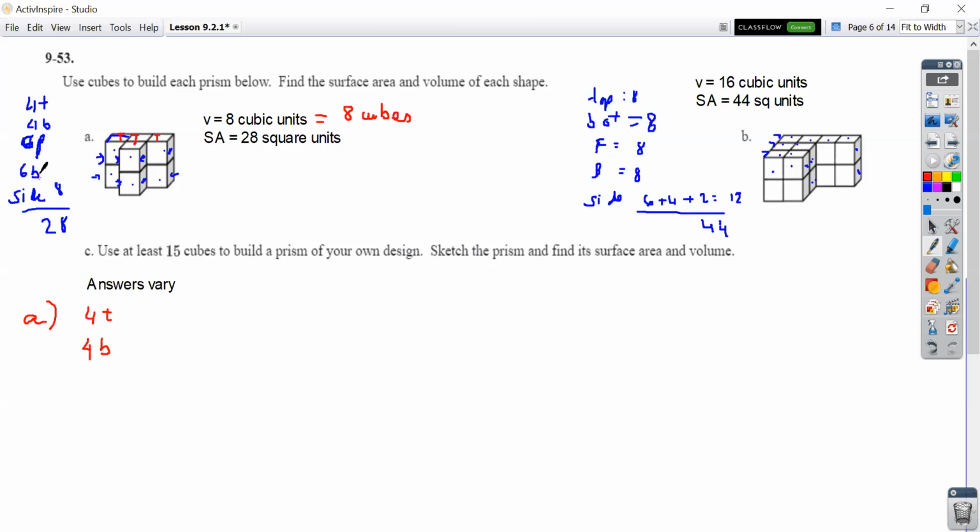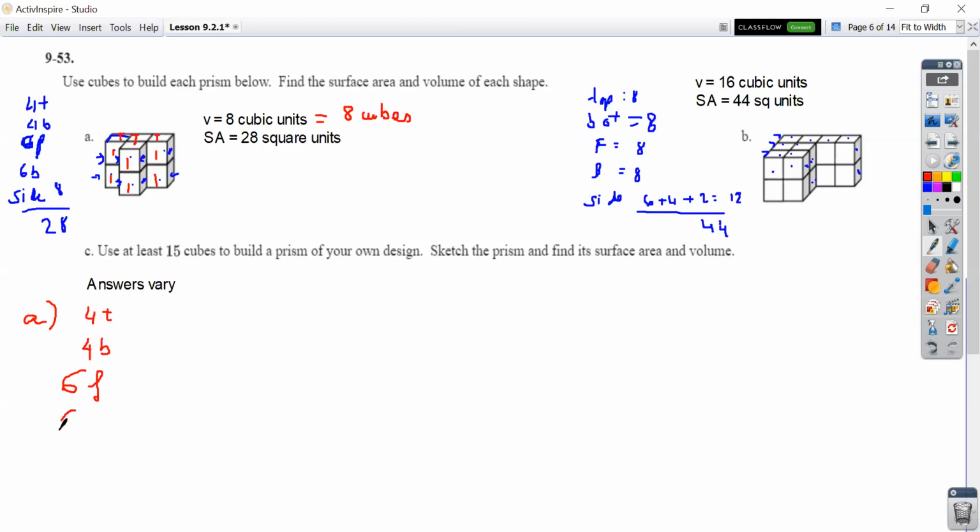And the front. This is the front. 1, 2, 3, 4, 5, 6. So we have 6 front. We have 6 on the back. If you count them this way, you have to imagine it's on the back.